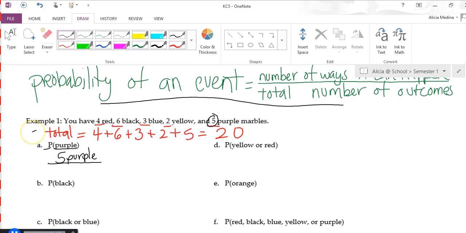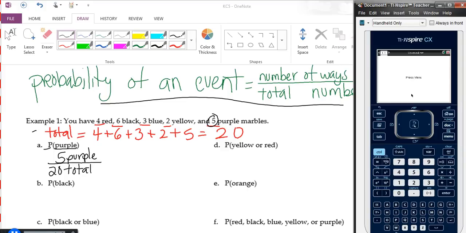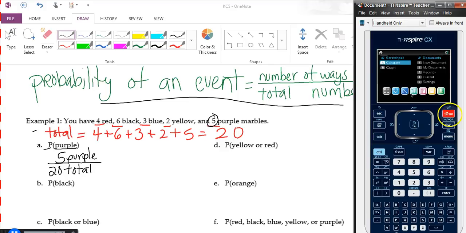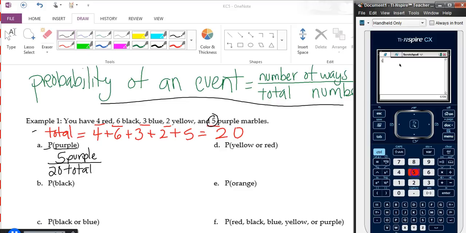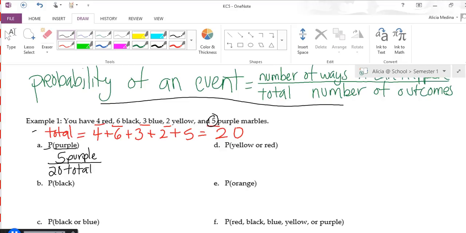We already said that was 20. If you need your calculator, take 5 divided by 20, and when you click enter, it simplifies our fraction to 1/4. Please make sure that you always simplify your fractions. So that is the probability of picking a purple marble, 1/4.